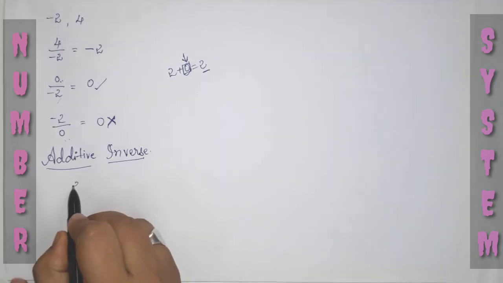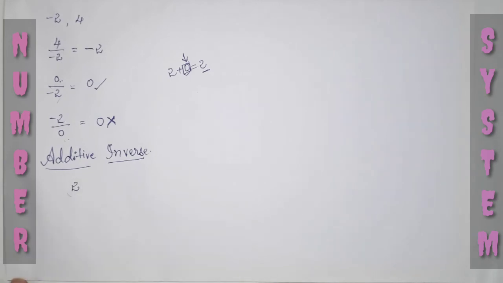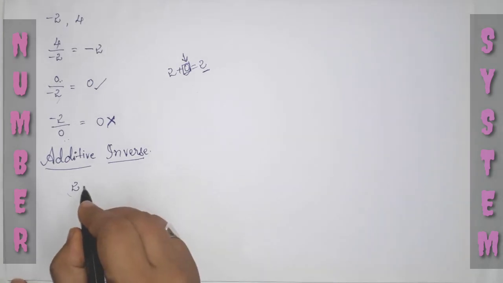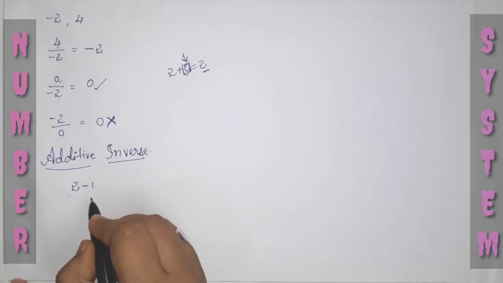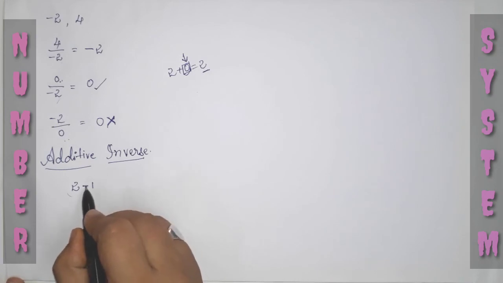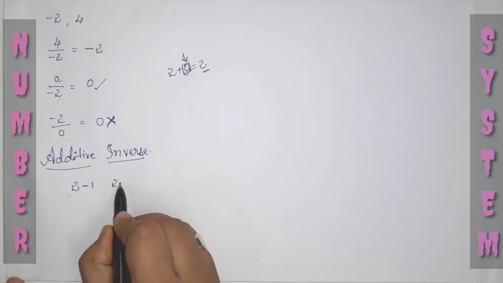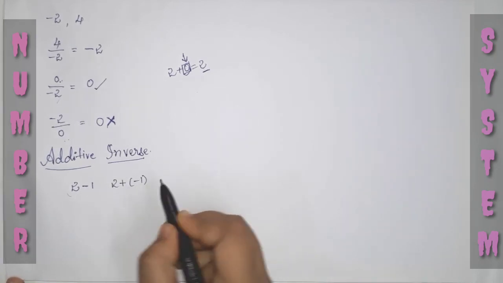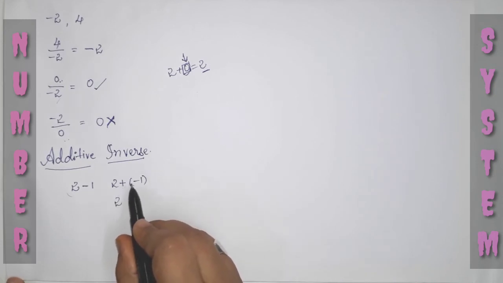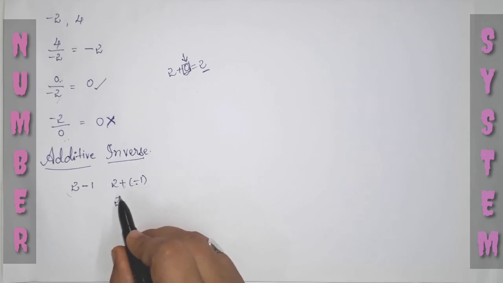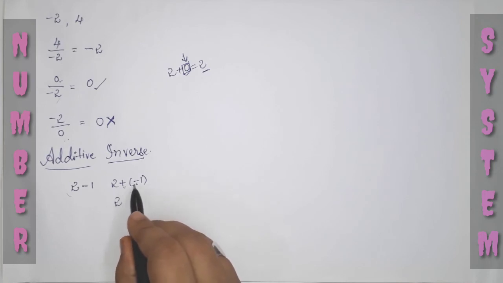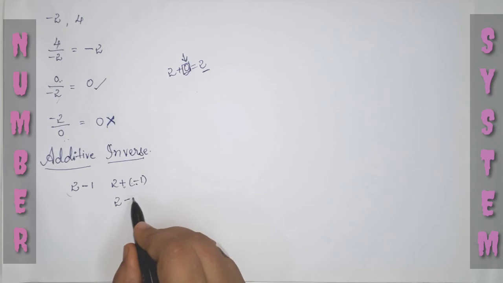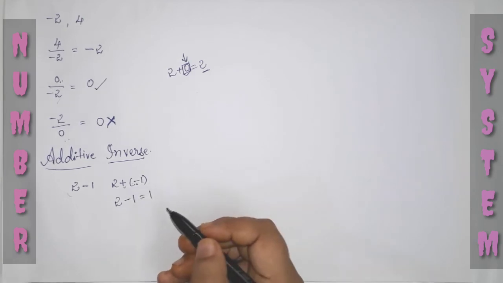If I am taking 2, what do I have to add to get 0? Minus 1 we can add. 2 plus minus 1 gives 2 minus 1, which is 1.